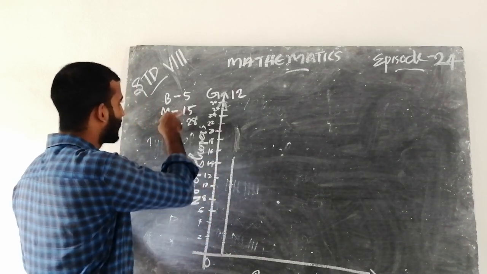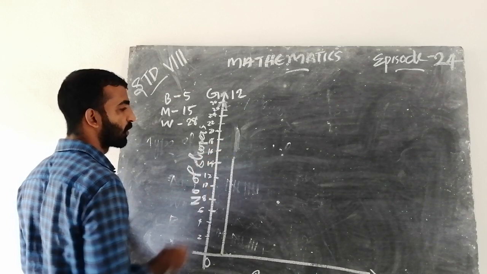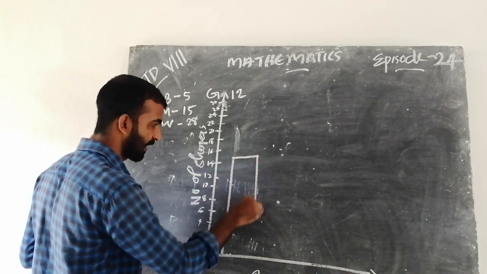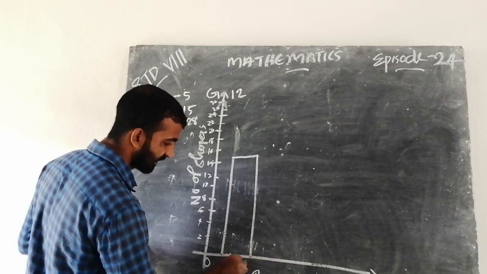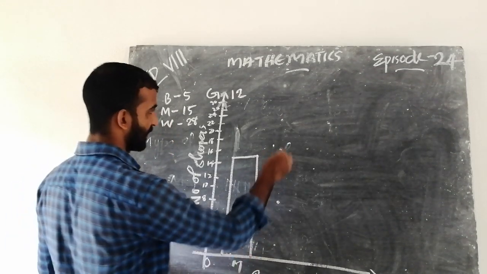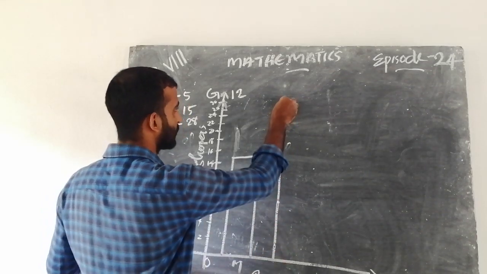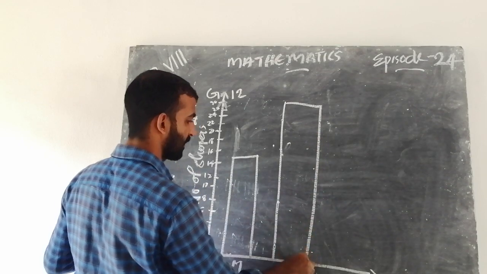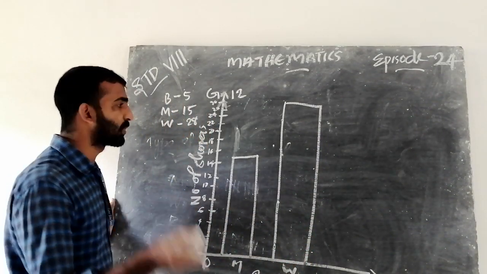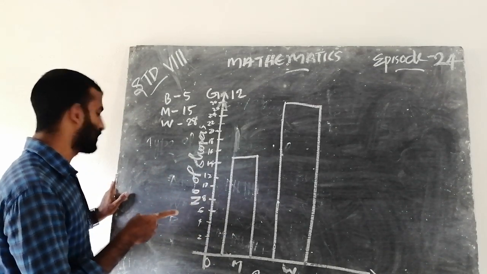Men is 15, so 15 lies in between 14 and 16, that is the midpoint of that is men. And next we take women. This is a rough figure. When you draw the graphs, use scale, pencil and graph book.